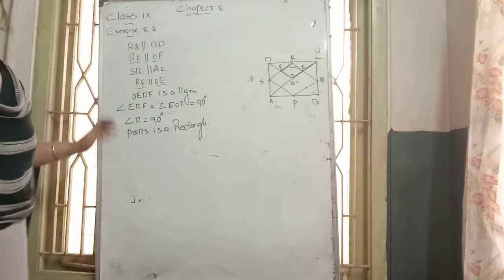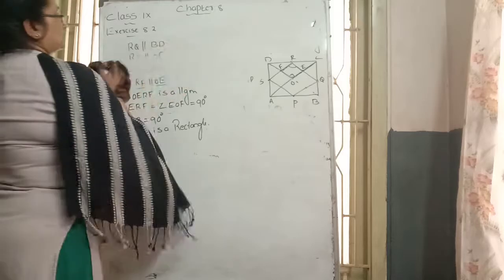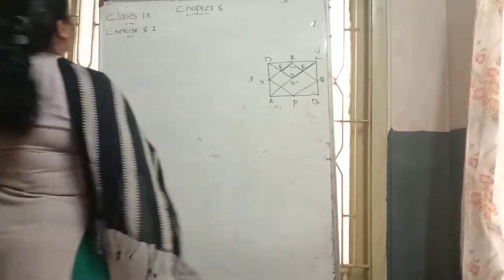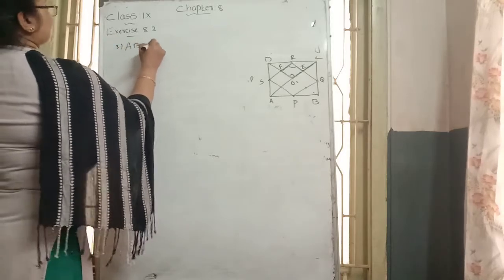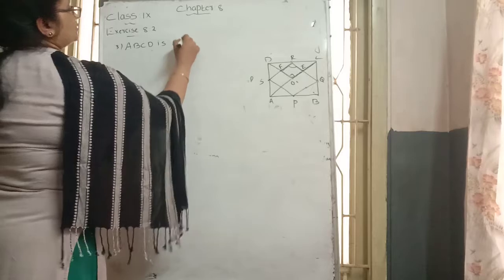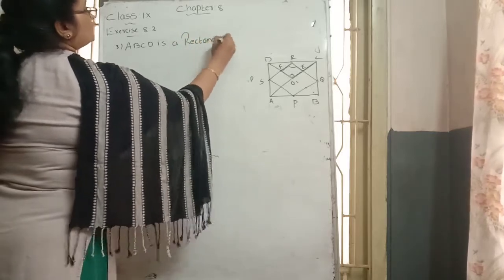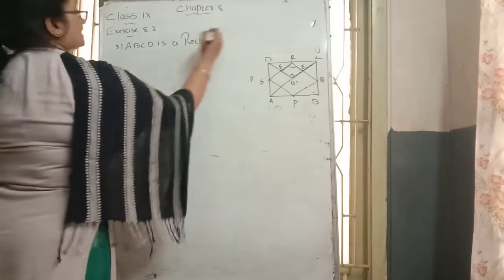I hope you can understand this problem. Next is the third problem. In the same way, here they have given that ABCD is a rectangle. Previously they gave us a rhombus. In this figure they say that ABCD is a rectangle.